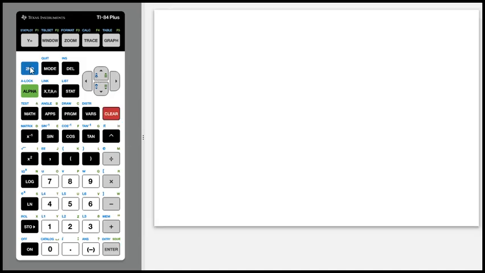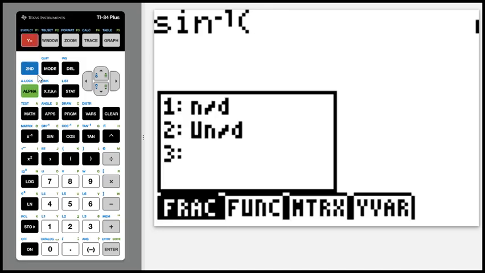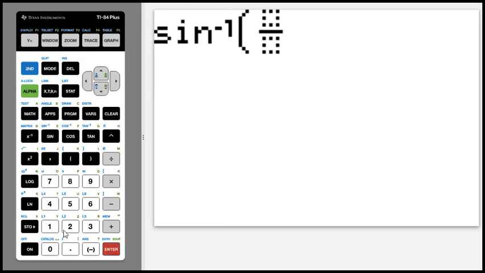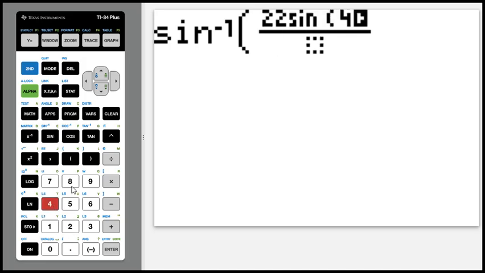So we go to second sine, alpha y equals, enter. 22 times sin 48, parentheses back, over 63. Then parentheses back, enter.